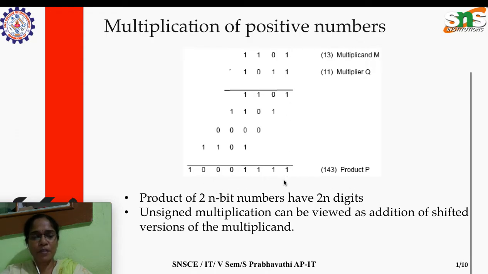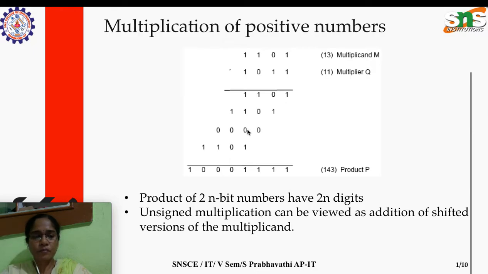But when we implement in a circuit, we will be adding the partial product with the current value, and that will serve as the partial product for the next stage. So while implementing this concept, we will be adding these two stages: 1, 0 plus 1, 1, 1 plus 0 is 1, 1 plus 0 is sum 0, carry 1, 1 plus 1 is 1, 0. That is the partial product for the next stage.